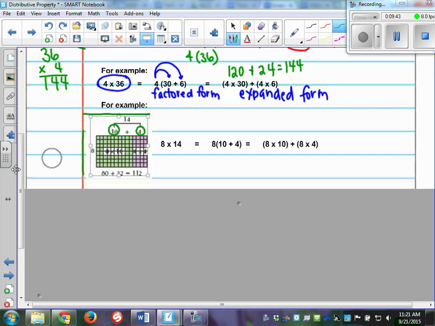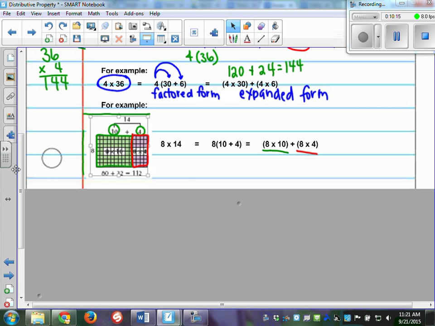Or this part in green right here, do you see how this green part is equivalent to 8 times 10, which would be this right here. And the red part, this dimension is still 8, is equivalent to 8 times 4. So any way that I decide to write it, I am still going to get the same number of squares.